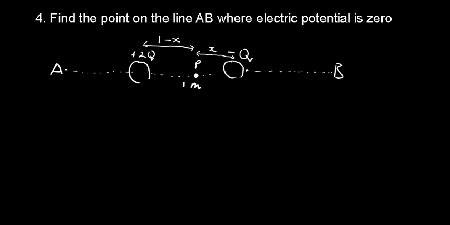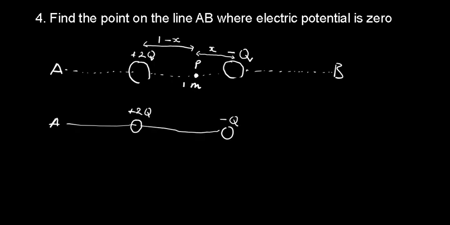Let's redraw our line. This is a positive 2q, and this is our negative q. We know that the distance here is 1 meter.